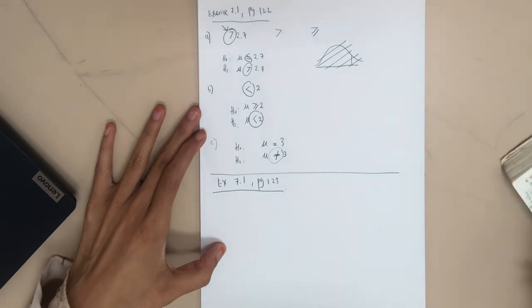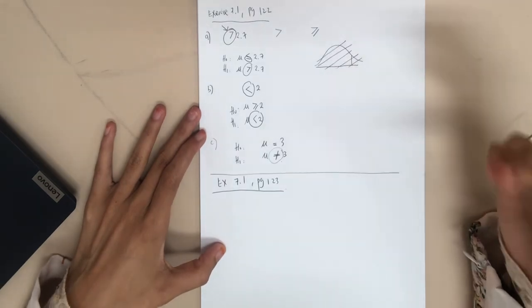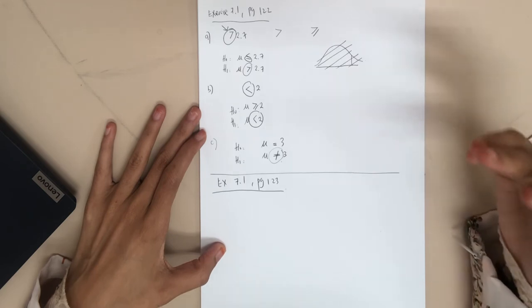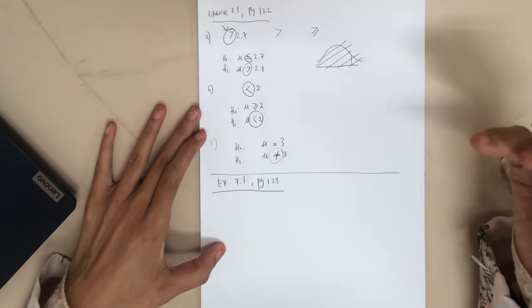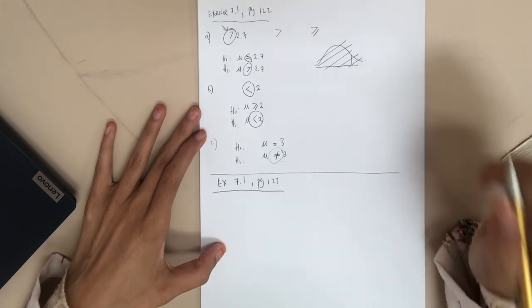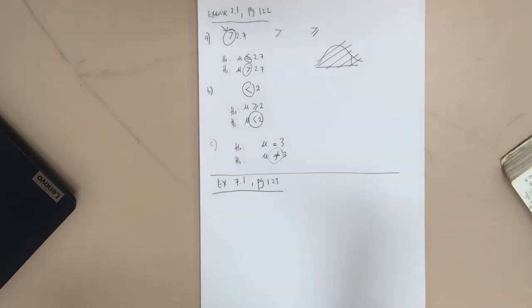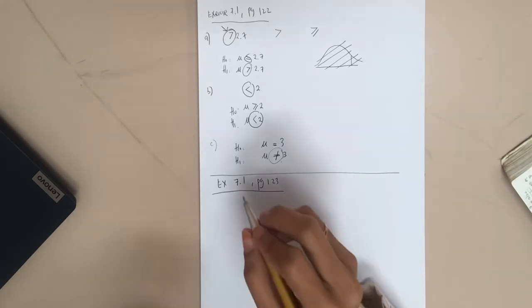It is known that on average a computer technician needs at least 3.2 hours. Okay, class, first of all, after you read the question, what I suggest is that you extract all the information given in the question. You write down all the information that you have.